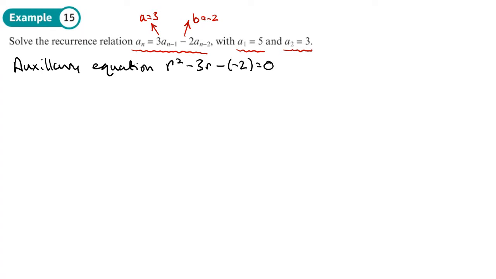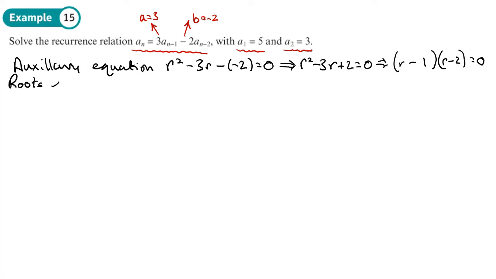So be careful, b is -2, we still subtract -2, so that's r squared minus 3r plus 2 equals 0. Now that can be factorized, and that will give us (r - 1) and (r - 2). So the roots are alpha equals 1, beta equals 2.